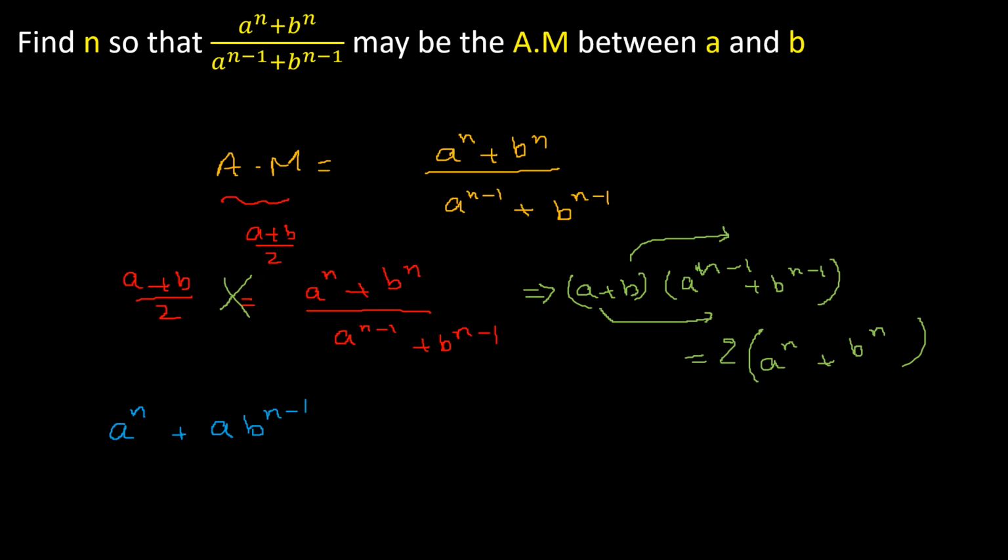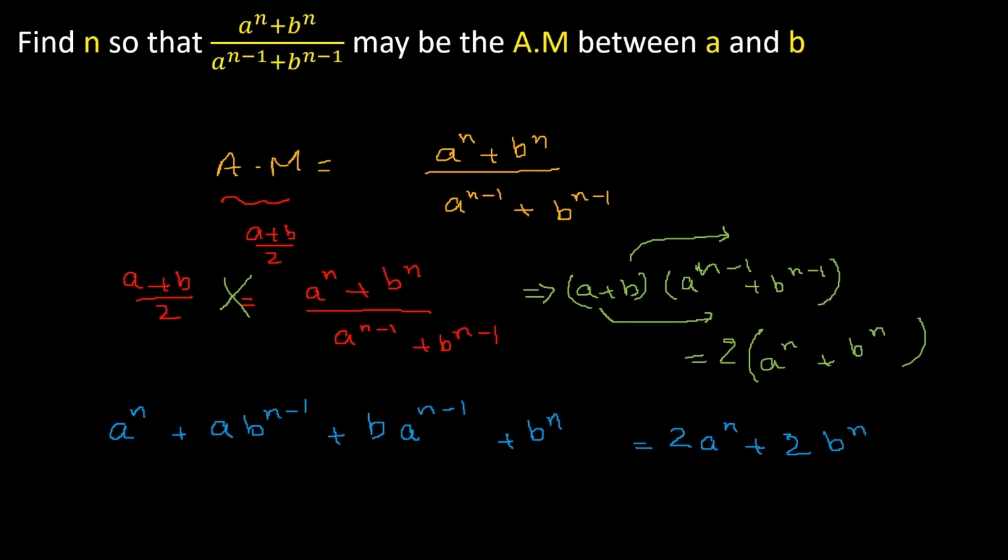Similarly, when we multiply b with a^(n-1), we get b a^(n-1), plus b^n, which will be equal to 2a^n plus 2b^n.